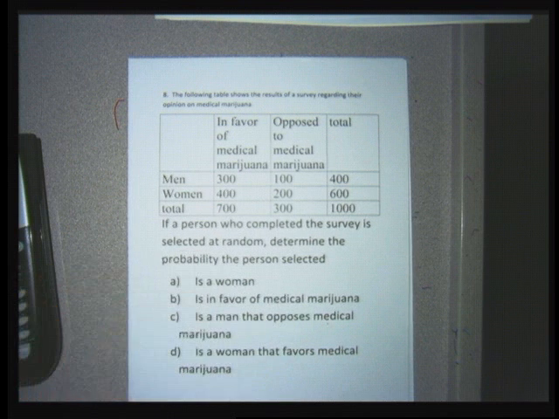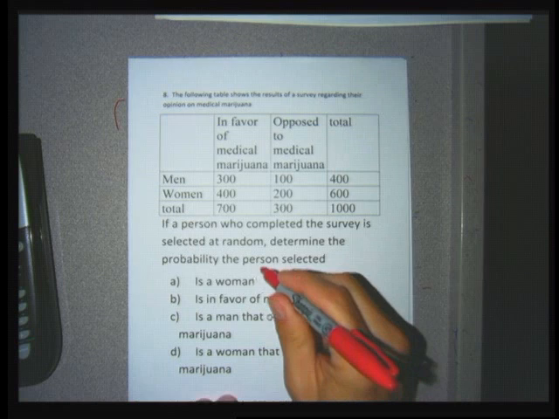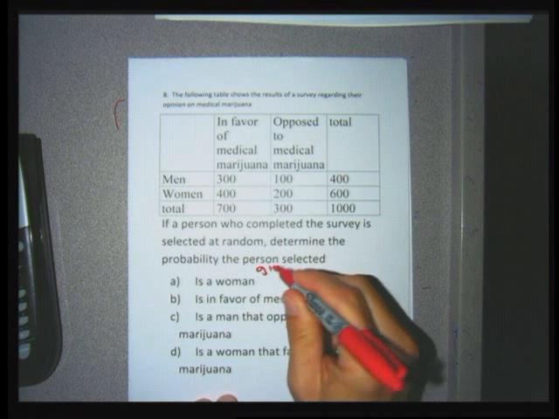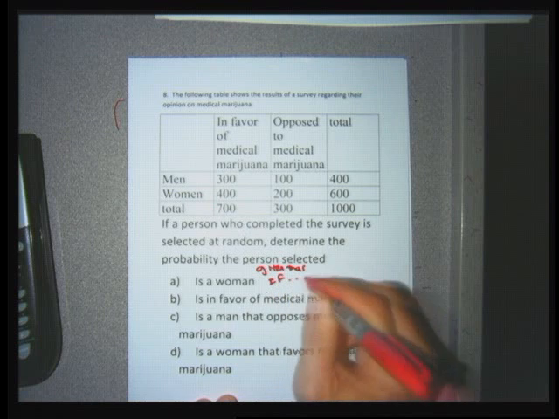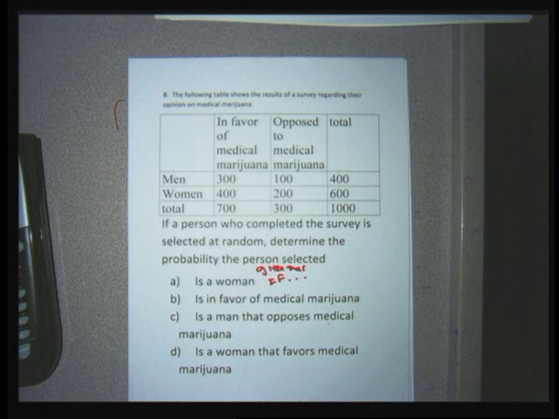As I read through the 4 questions in number 8, I don't see anything that would restrict the denominator from being anything other than the 1,000 people that were surveyed, because there isn't the word "given that" or "if" something written after any of the questions.